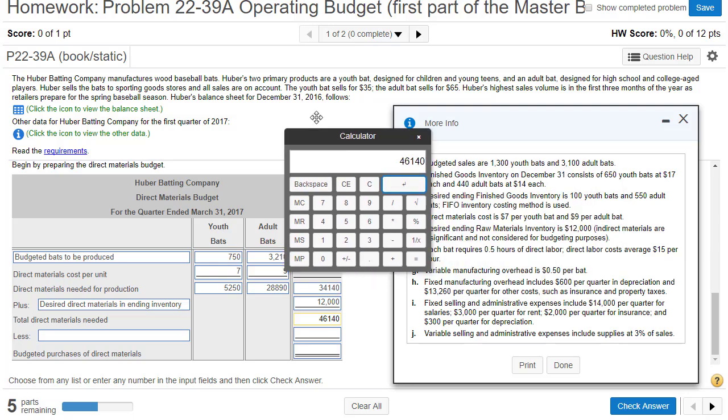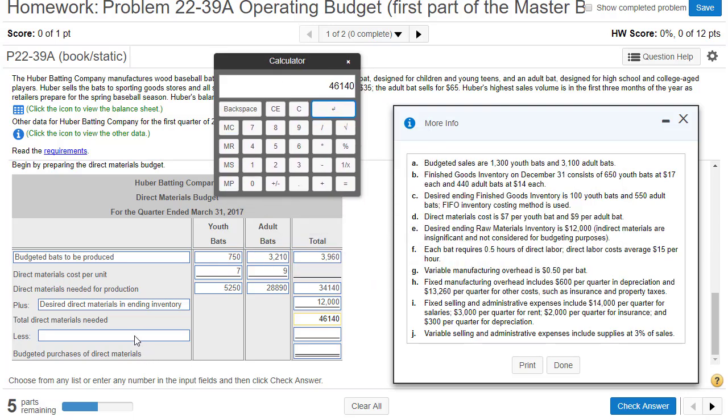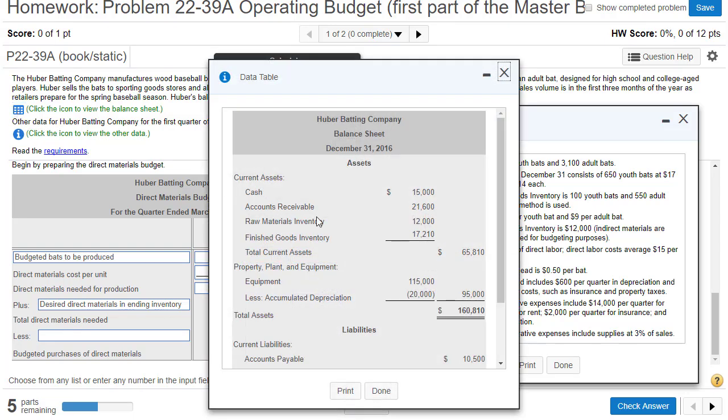And then we have to subtract how much materials were already in inventory at the beginning of the period. To figure that out, if any, we look up here. So in our balance sheet, remember this is the balance sheet for December, so the previous quarter.